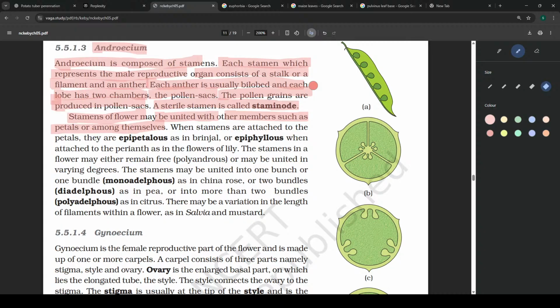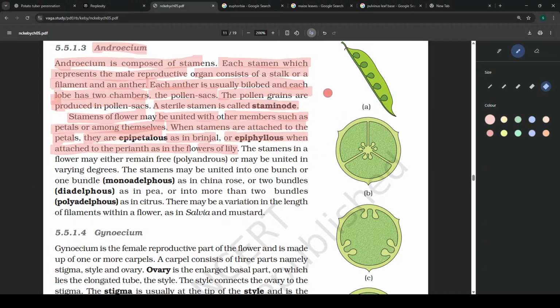When stamens are attached to the petals, they are called epipetalous, as in brinjal, or epiphyllous when they are attached to the perianth, as in flowers of lily.